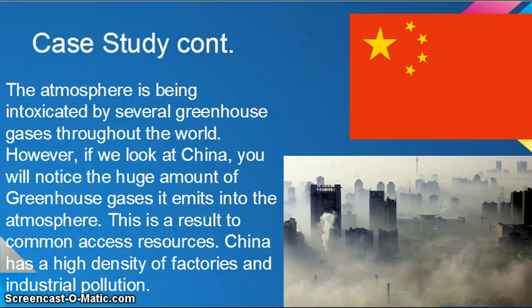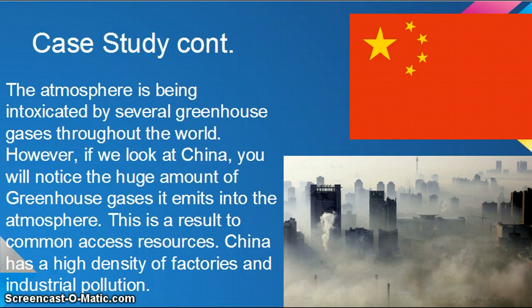A great example of the tragedy of the commons in the atmosphere would be in China. China has had a significant amount of growth in the secondary economic sector, meaning a high amount of growth in industrial density and in the number of factories, obviously resulting in high amounts of pollution that led to the worsening of the atmosphere in the form of a cesspool.